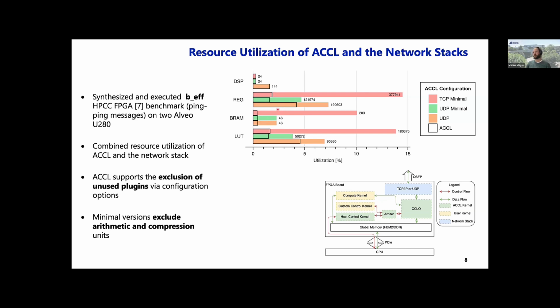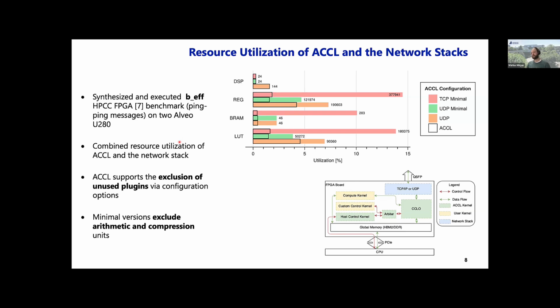Now, ACCL is quite configurable in the sense that it consists of plugins that offer certain functionality. This functionality can, for example, be arithmetic operations that may be used in reductions, or compression and things like that.